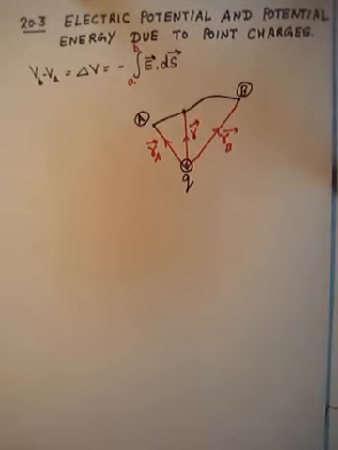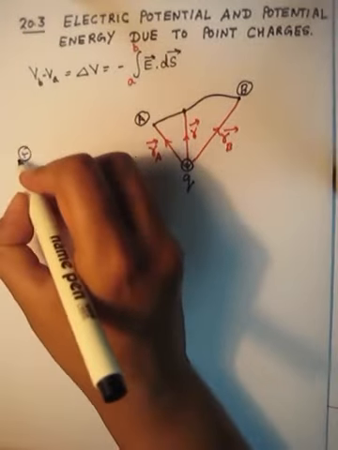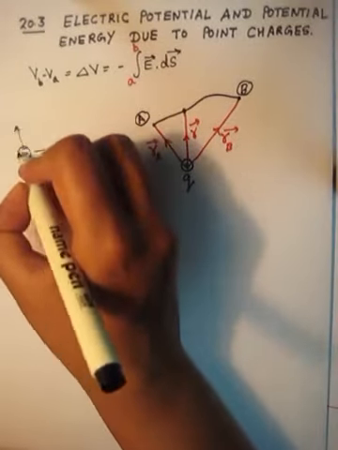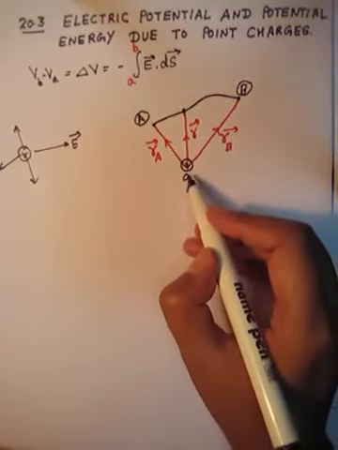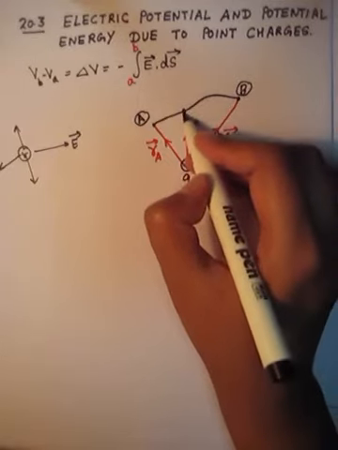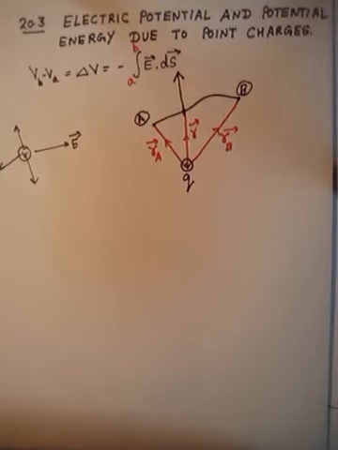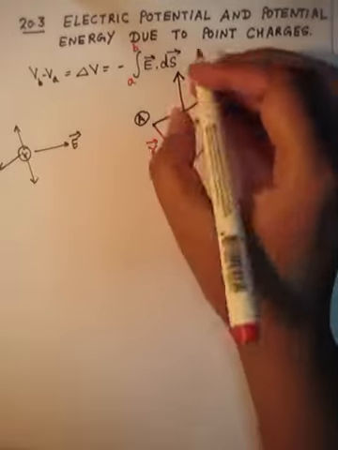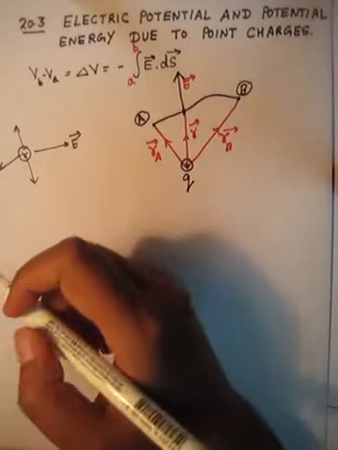As you all know, the electric field due to a point charge, if it is positively charged, will always be away from the charge. So at this point, the direction of electric field will be away from the charge.